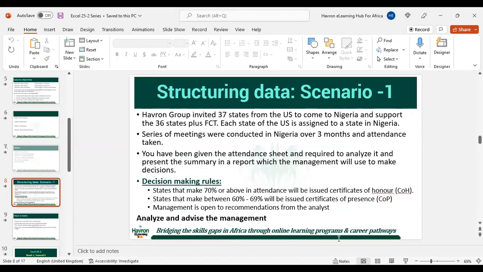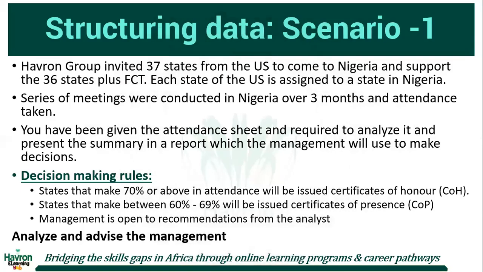So these are the decision making rules for us. It states that those who make 70% or above in attendance will be issued certificate of honor. And then those who make between 60 to 69 will be issued certificate of presence.